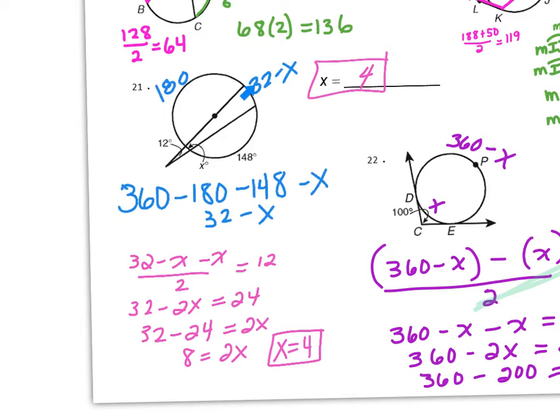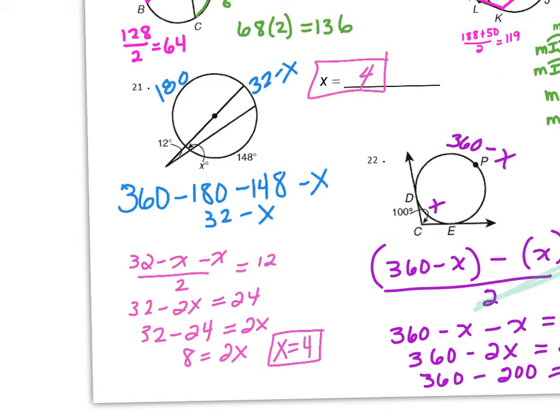And that'll leave us with this one piece here. So we're going to start here. 32 minus X. Take away that little piece X here. We're going to divide that whole thing by 2. And it's going to equal the angle, which is over here, which is 12.